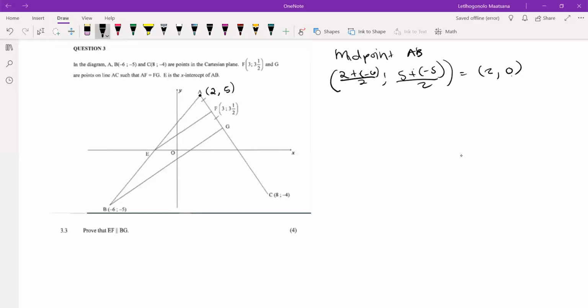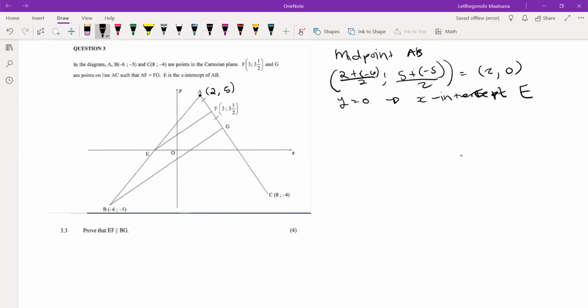Now, there's something very special about this coordinate, and that is y there is equal to 0, which tells us this is our x-intercept. And this will then correlate to point E. Right.